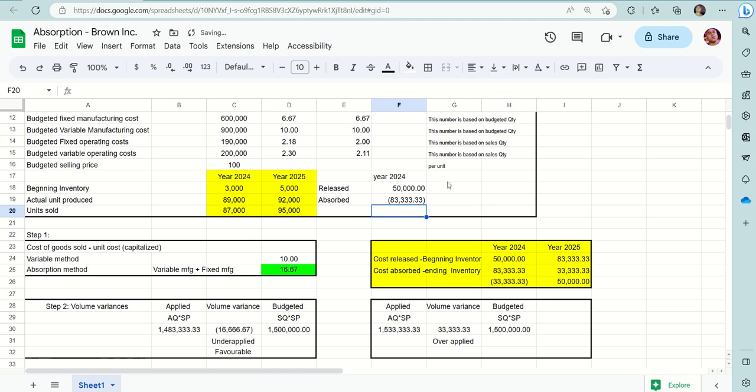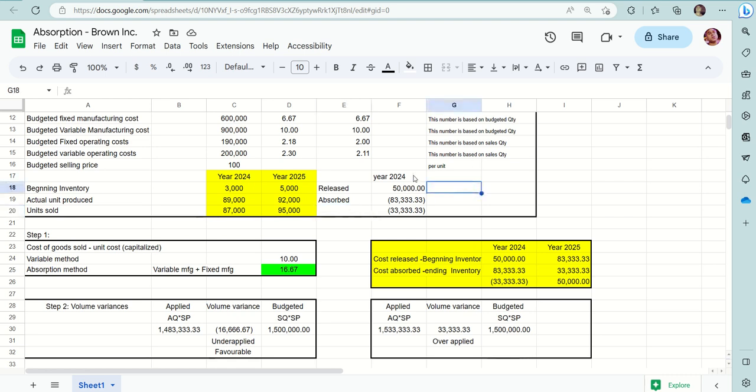So in year one, if we sum this up, we have $33,000 total.